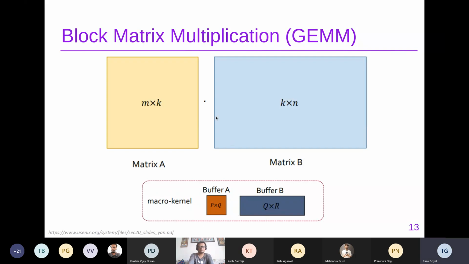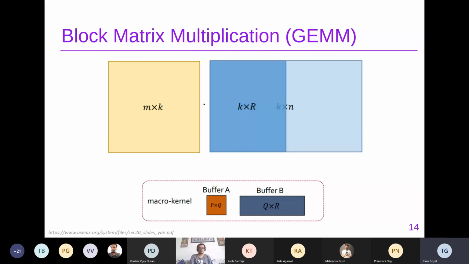But we have already seen our matrices are not of that same size. So we try to reduce the size of a matrix by writing a loop structure.